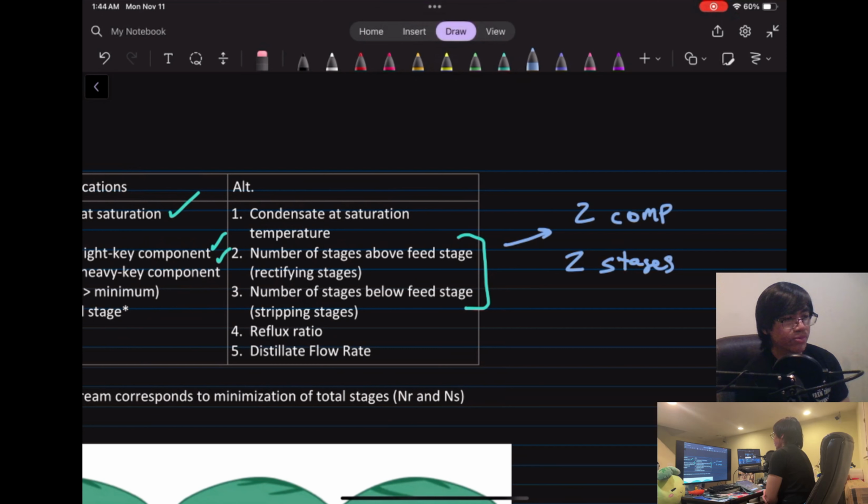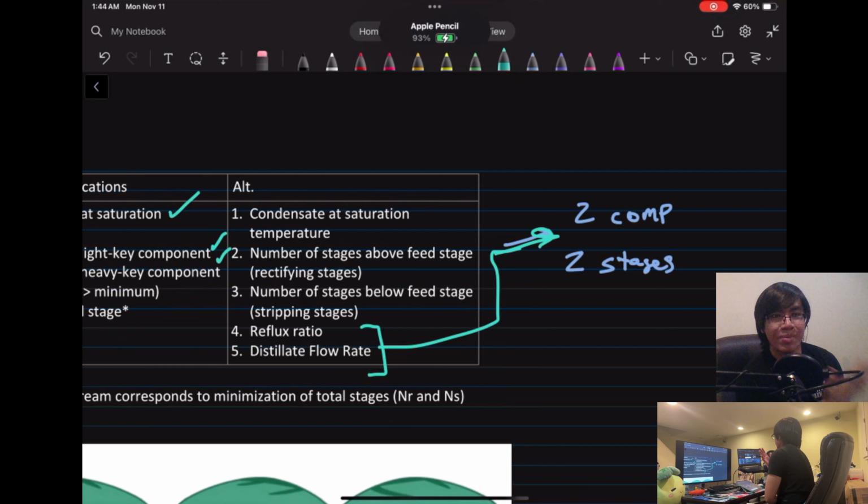And again, with reflux ratio and flow rate, say now we are specifying the feed stage, and now I don't want to specify these two down here. It's the same exact ballpark. If I specify the number of stages, now I have to solve for a reflux ratio and a distillate flow rate. While we may be able to do that, it might not be possible.